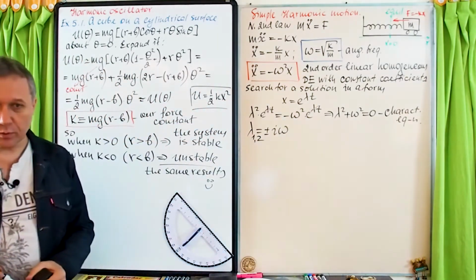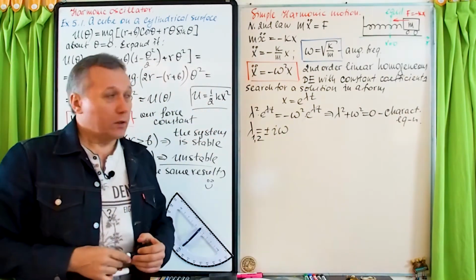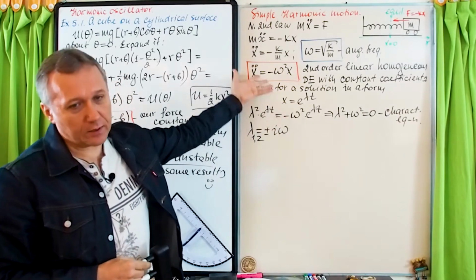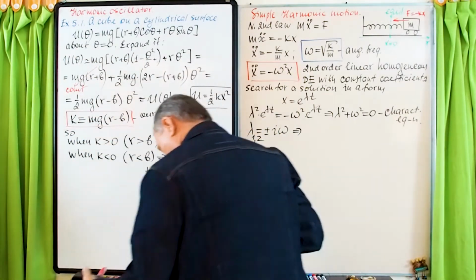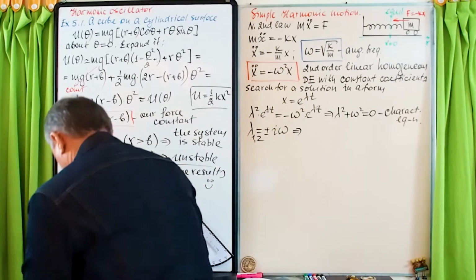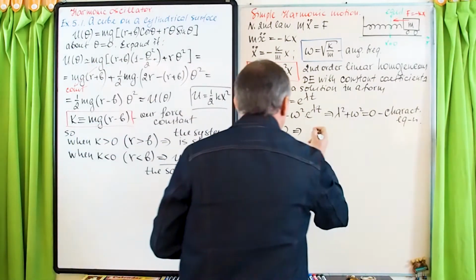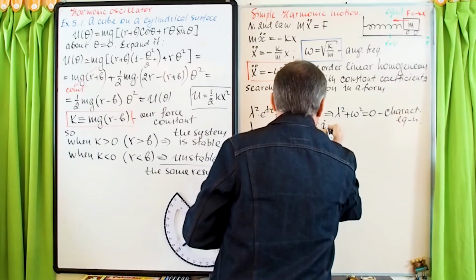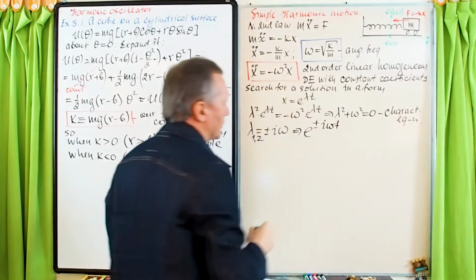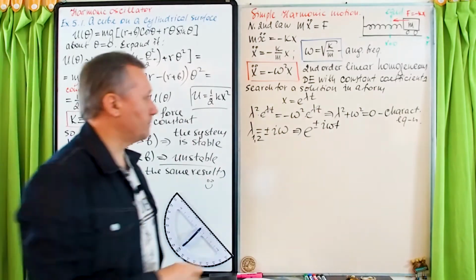Only with those lambdas can this function be a solution. As a result, we have two solutions, e to the power plus minus i omega t. So we have two particular solutions.